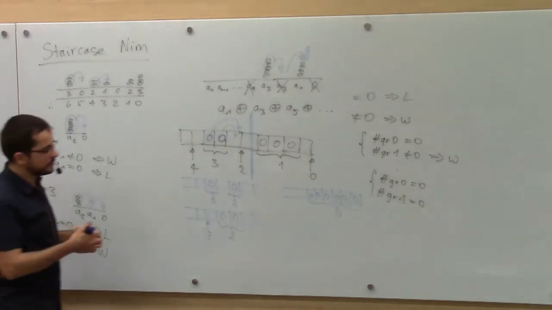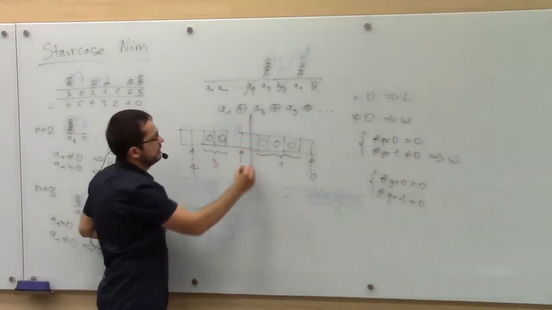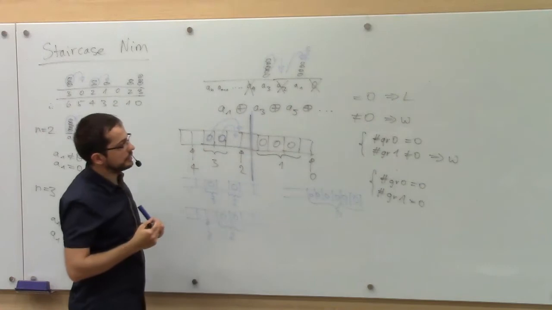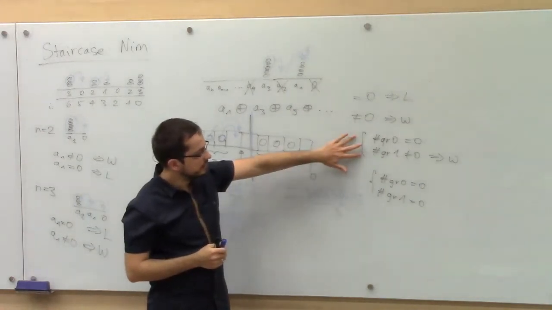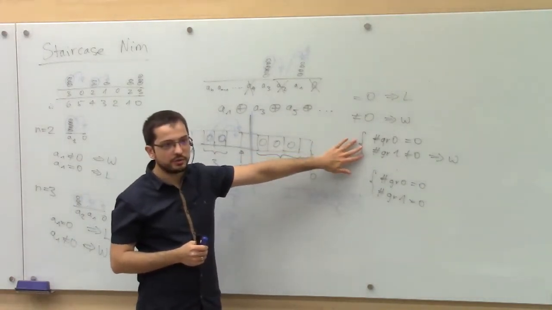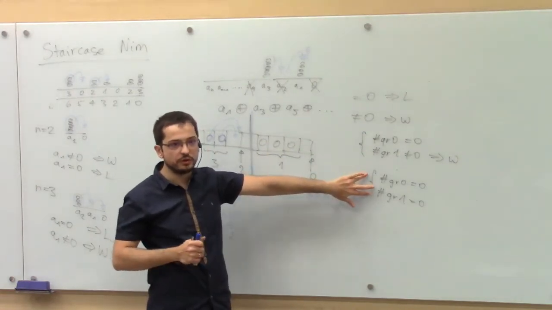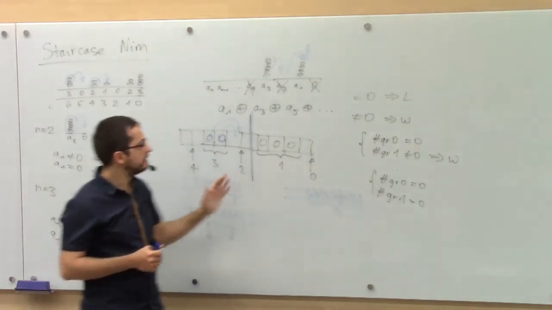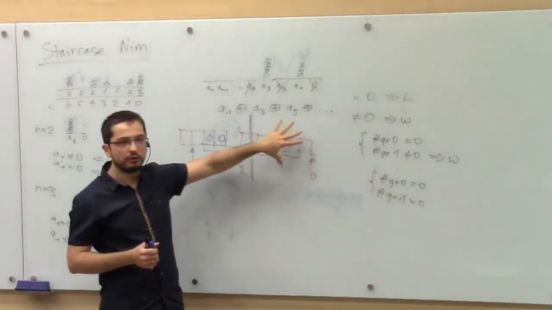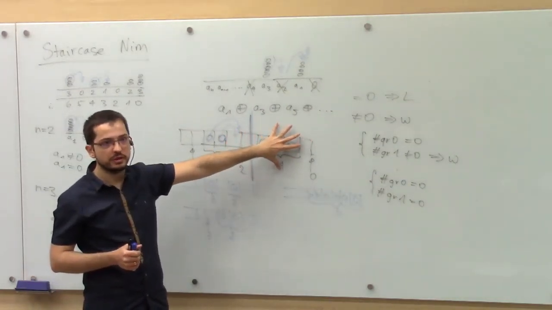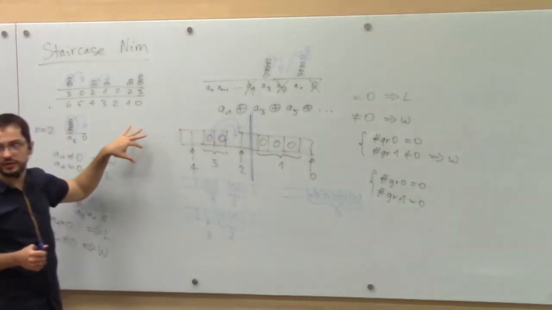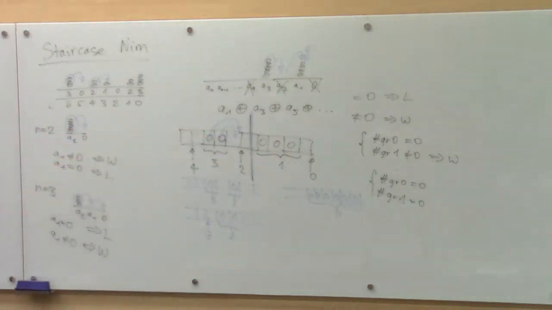Because this is a special case which can be handled separately, and otherwise we have the case where group number 0 and group number 1 are empty, and now we can just forget about these groups and treat the rest of the game exactly as staircase Nim.